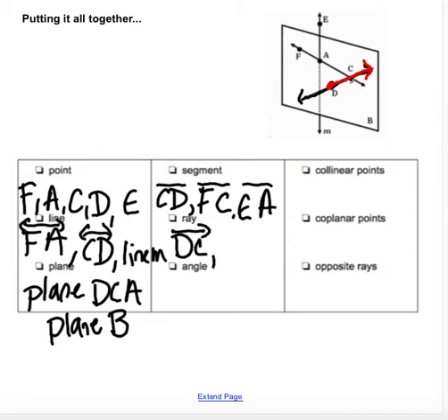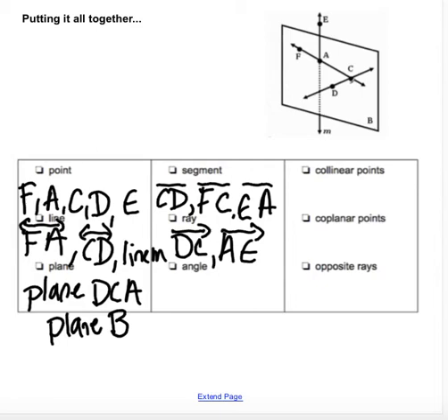If I took my line AE and made my endpoint at A, I have this ray up to E, so I have ray AE. And so on and so forth. I think you guys kind of get the hint. If not, make sure to ask.